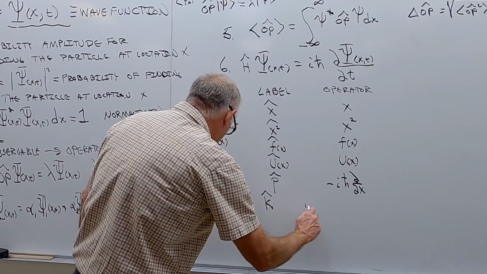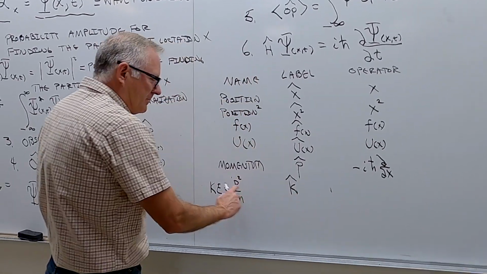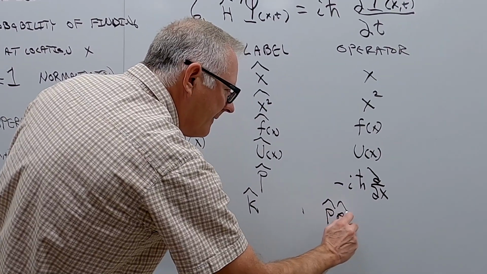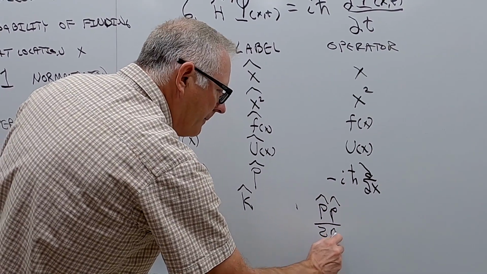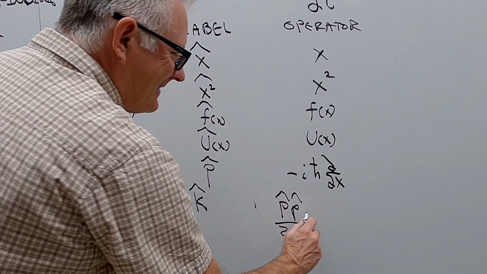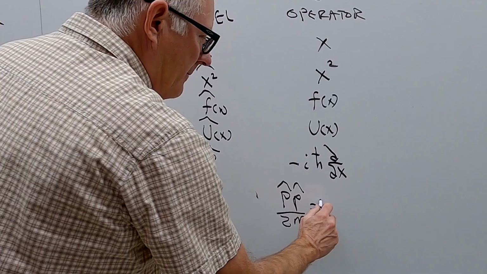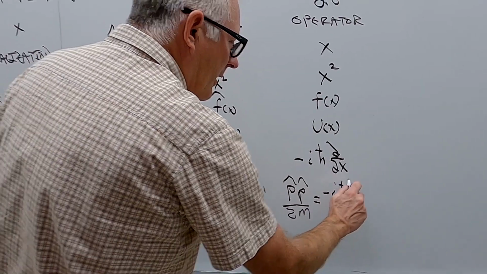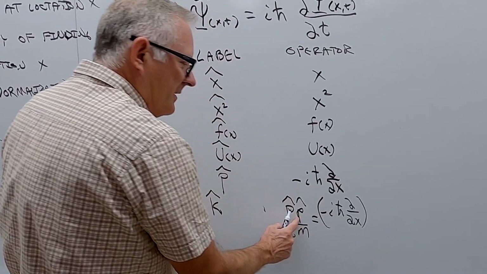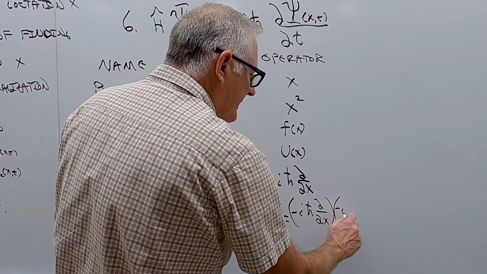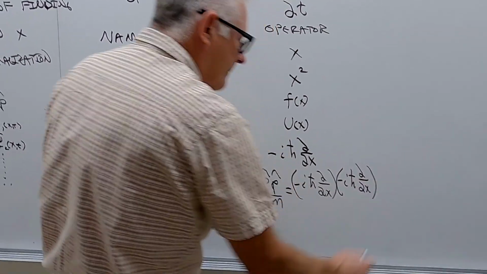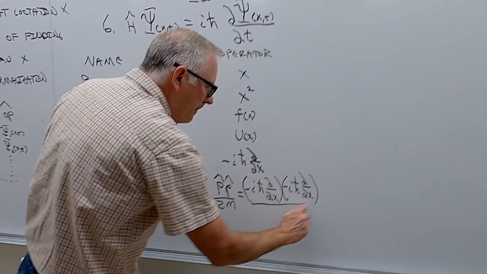It's equal to the p operator times the p operator all over 2m. That would be p squared over 2m. Or plug in what this is. This first one would be minus i h bar partial with respect to x of the second one, which is another minus i h bar partial with respect to x, all over 2m.